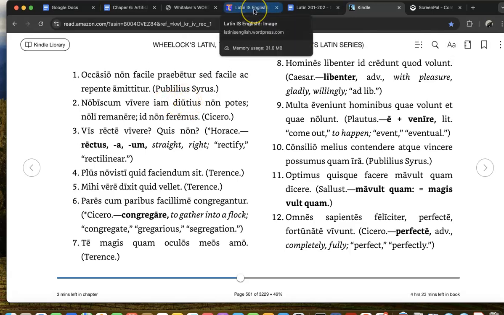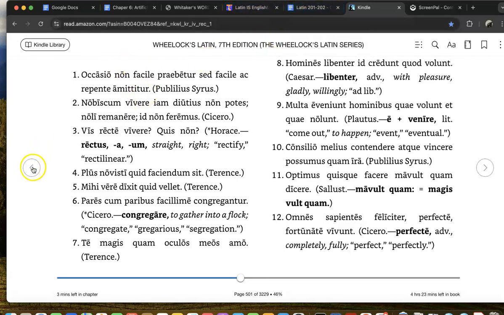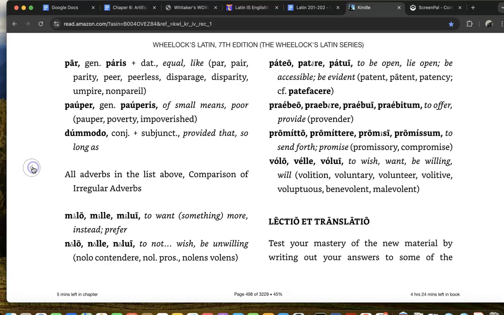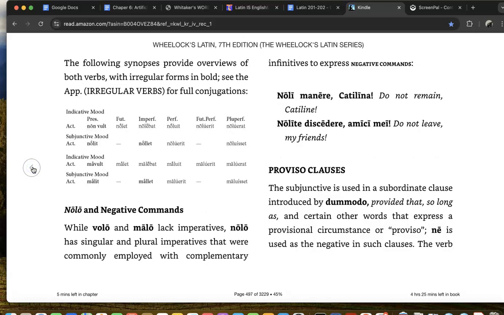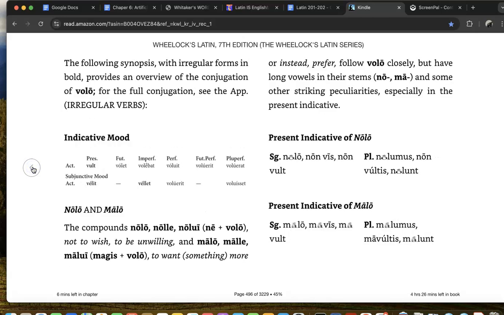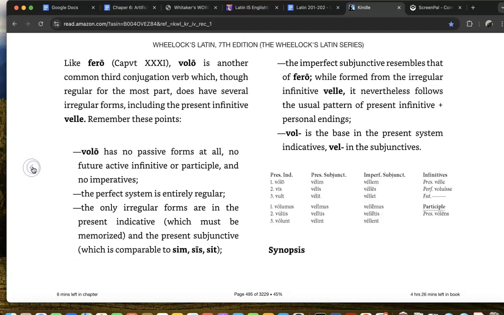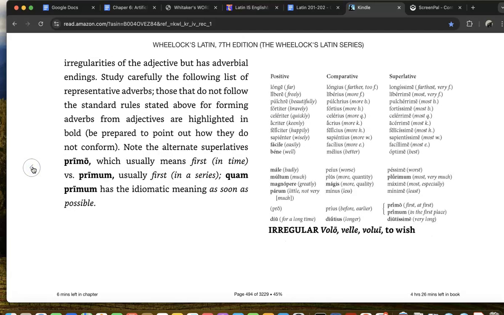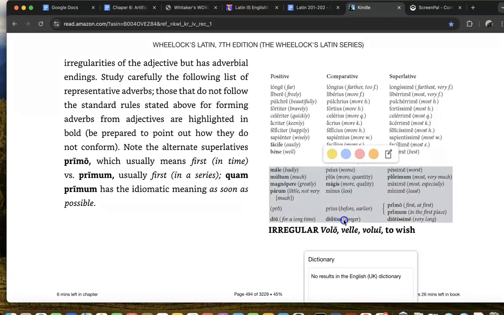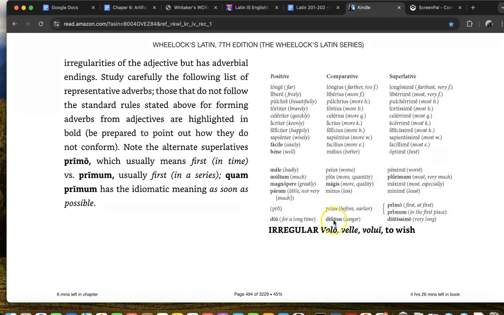So here is one of our irregular forms. In fact, they probably have this one in here. So before technology and Whitaker's Words, you had to look stuff up. And let's see if they have this one here. Yep, right down here. Oops, I kind of highlighted. So there it is.